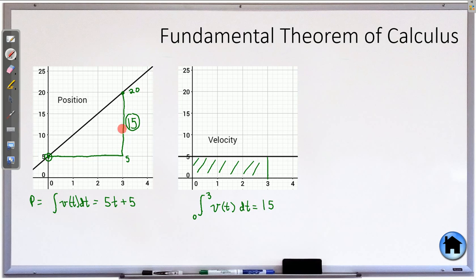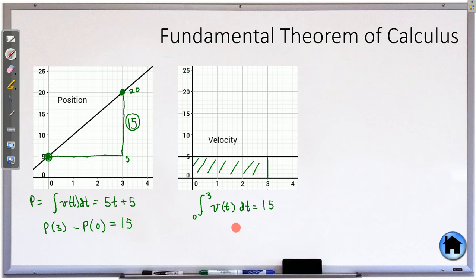So where does that 15 come from? If you take the ending point and you subtract the starting point. If I take p at 3 minus p at 0, that is what gives me the 15.